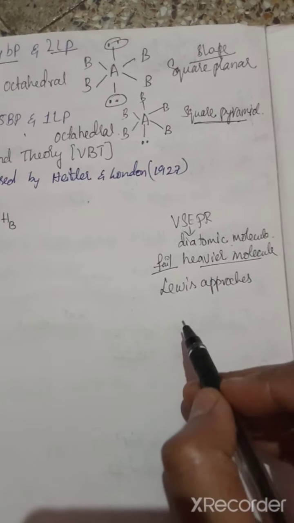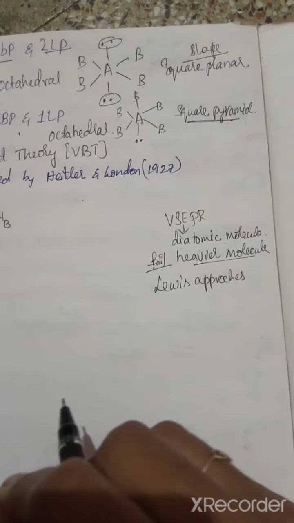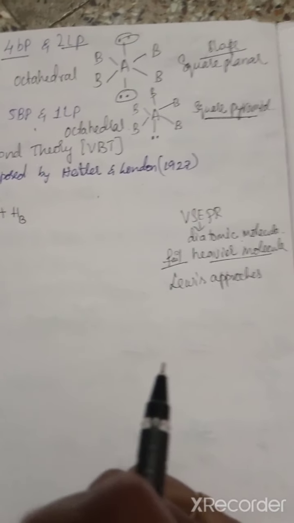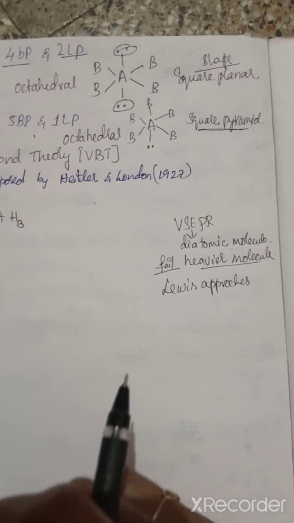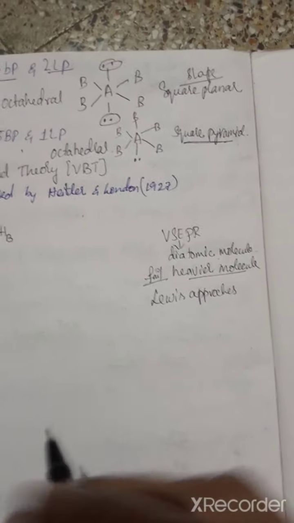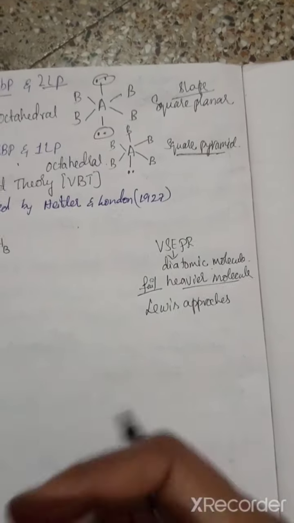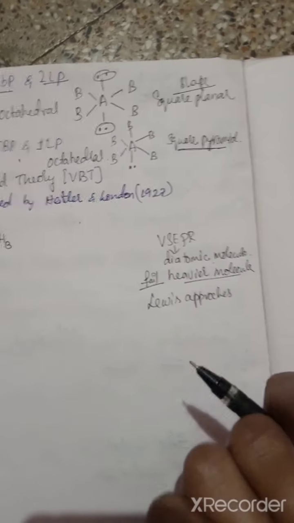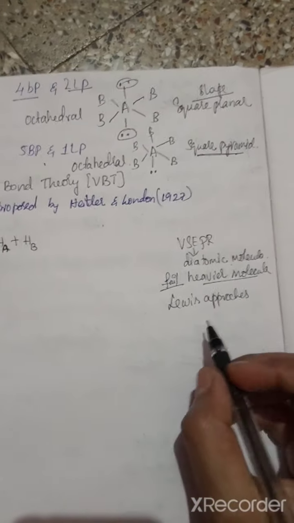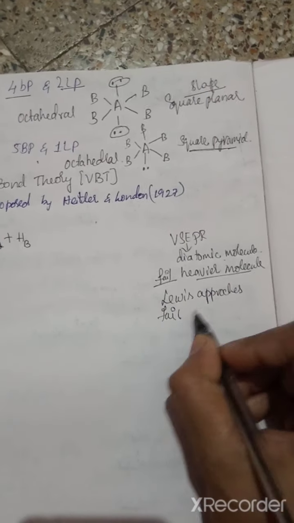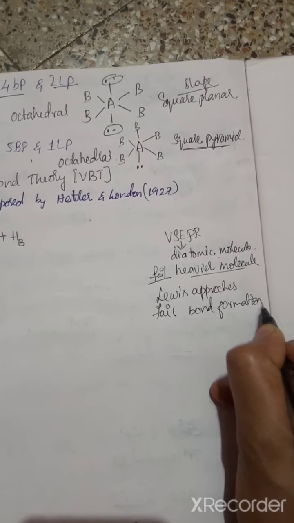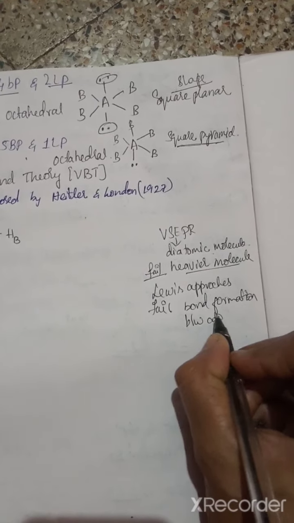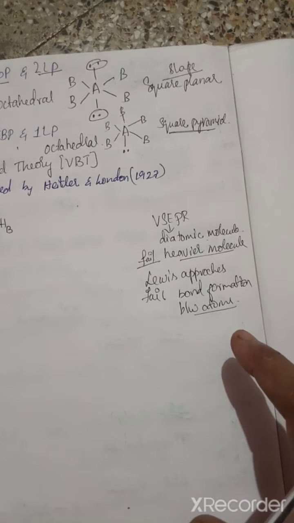When it comes to the Lewis approaches, it only gives how to draw the structure, which means the octet structure using the dot electrons, how to draw the octet structure, but it fails to explain the bond formation between the atoms, how the bond forms, whether it is a sigma bond.